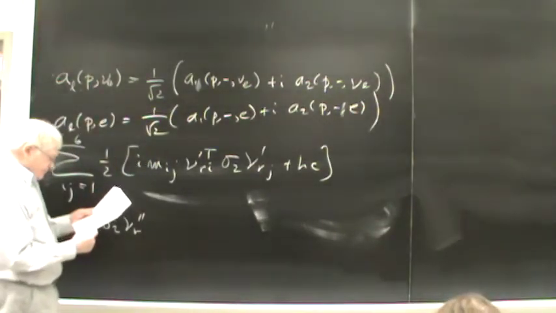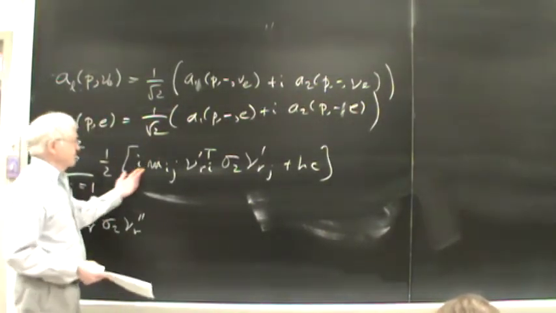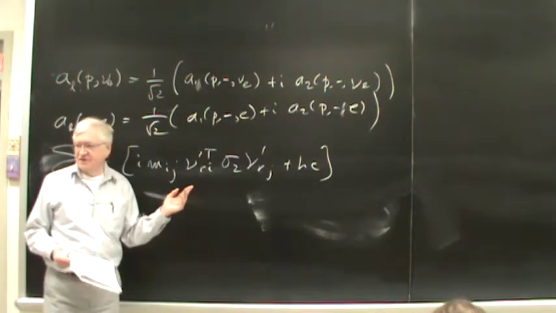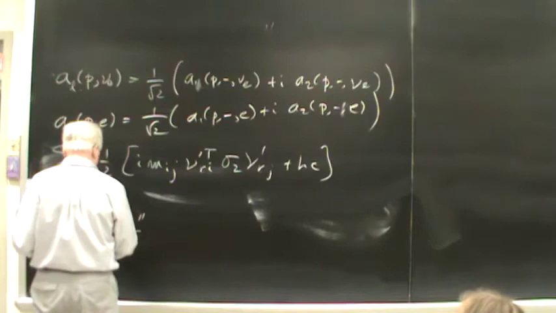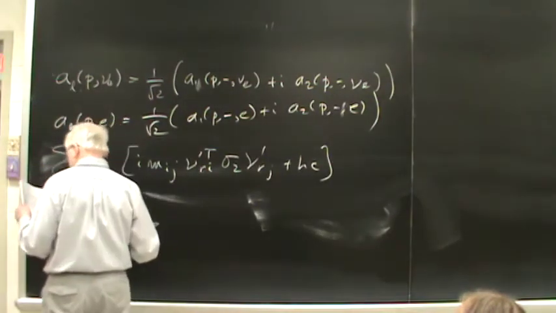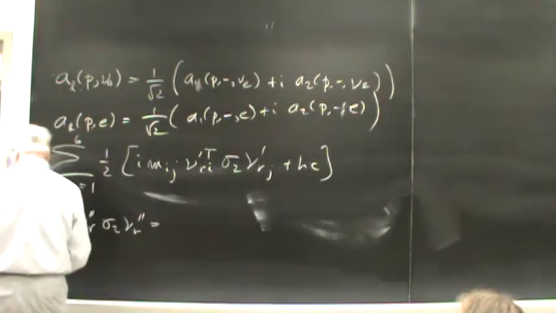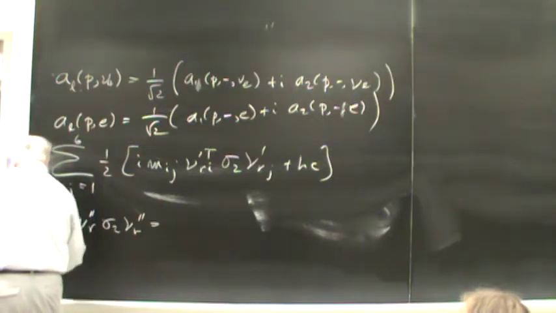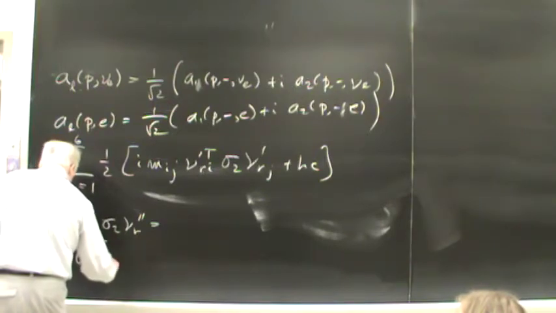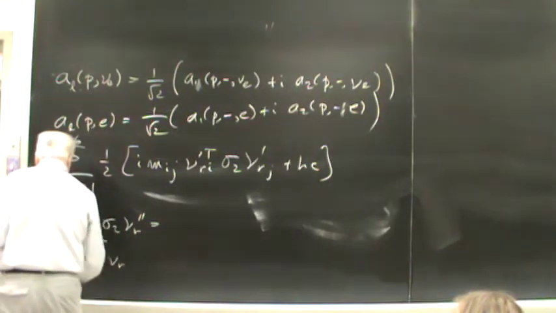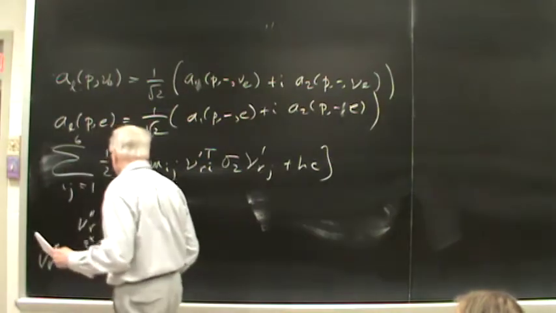And one could have written this in terms of left-handed fields. It would look very much the same. So now, what is this under Lorentz transformation? Well, under Lorentz transformation, the right-handed field nu right prime is e to the z star dot sigma nu right, or nu right double prime is that one prime.